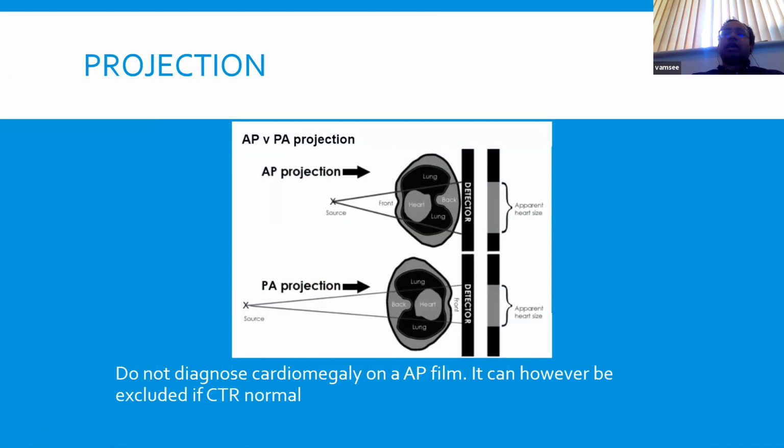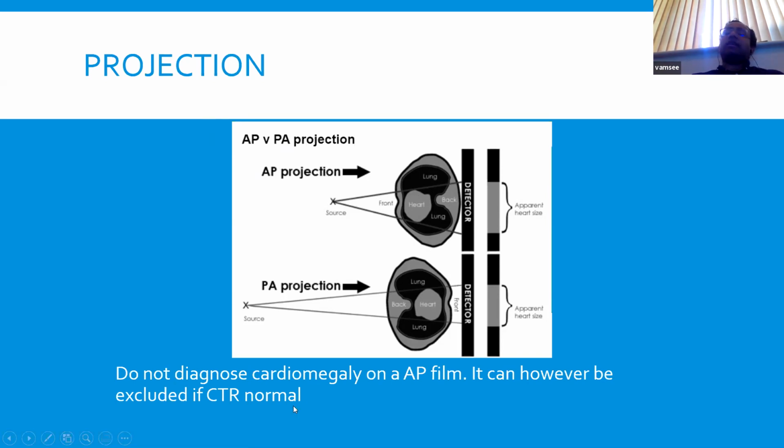Basically, because of the way the source and the film are arranged, an AP film is more convenient to take in someone who can't mobilize, so a patient who is either too unwell or not cooperative enough to be shifted into traditional positions, standing with their arms out of the way and so on. What you end up with is a slight magnification of the apparent heart size because it's closer to the source, and therefore its shadow appears slightly bigger.